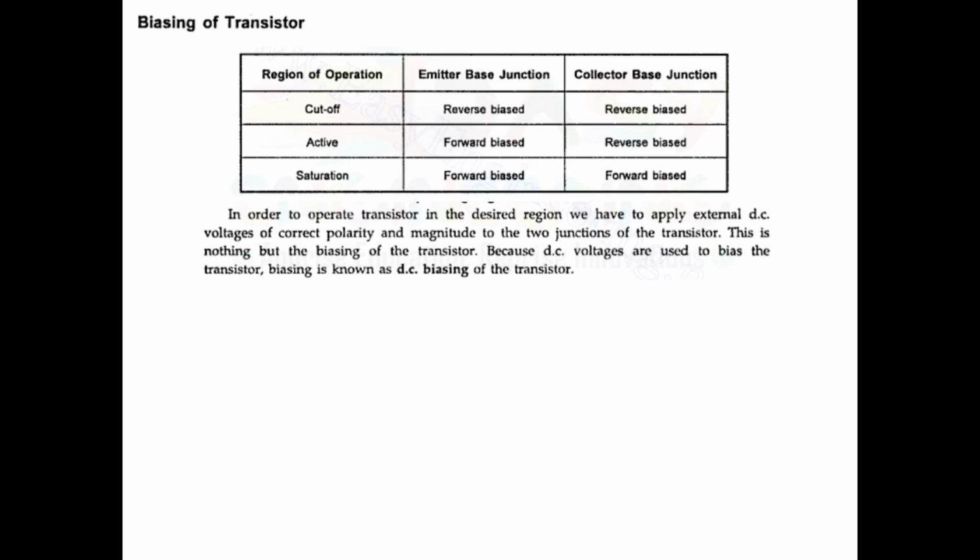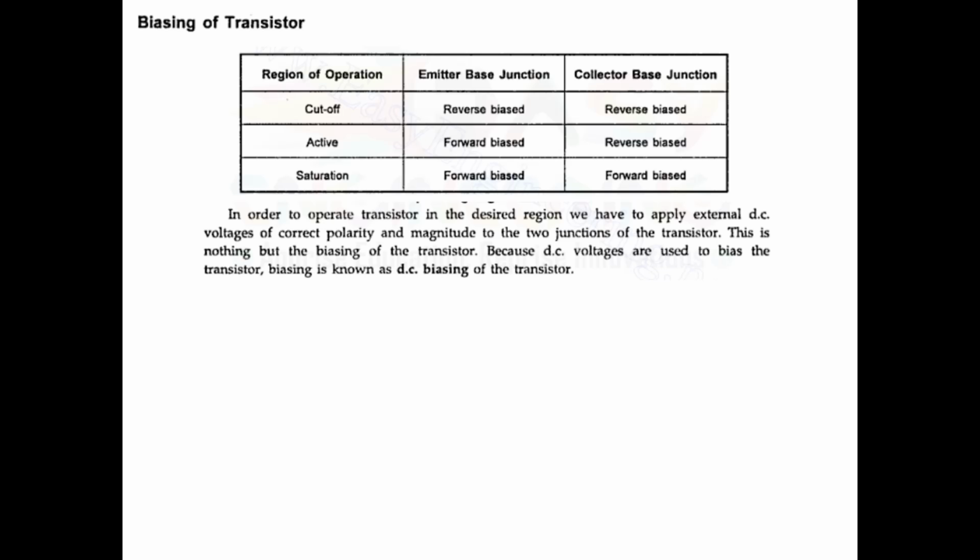We have to apply an external DC supply, external voltages with proper polarity and magnitude to make the transistor conduct or operate in one among the three regions by affecting the junctions of the transistor.